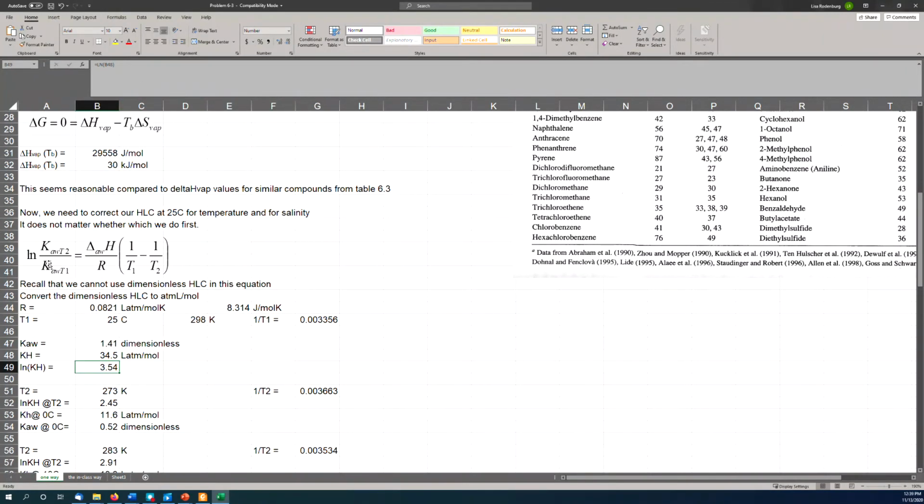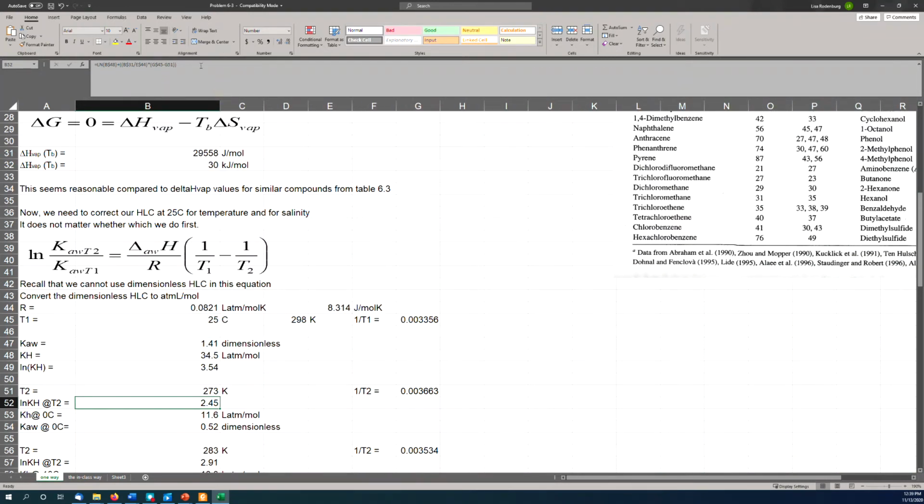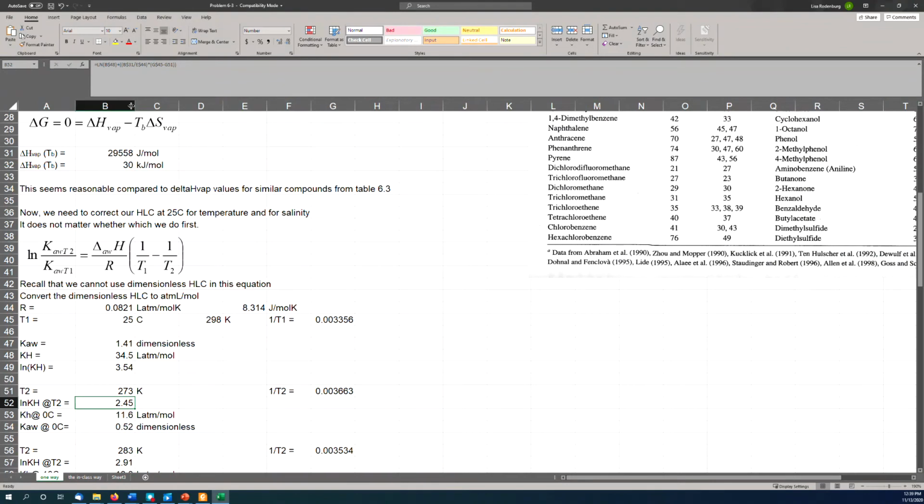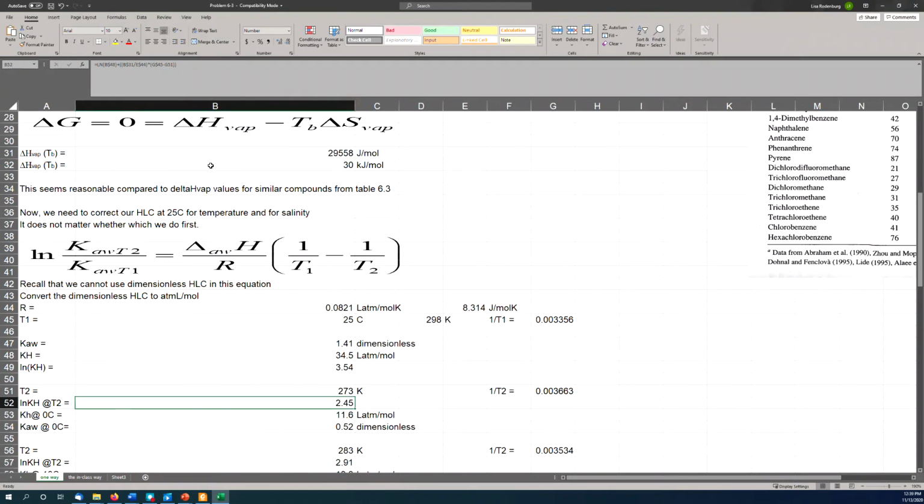take the natural log of this and push it into this equation. So here's the natural log of my Henry's law constant at temperature 1, and then here's the Henry's law constant. It's actually the natural log of the Henry's law constant. Let me make this a little bit bigger. Okay, here we go.